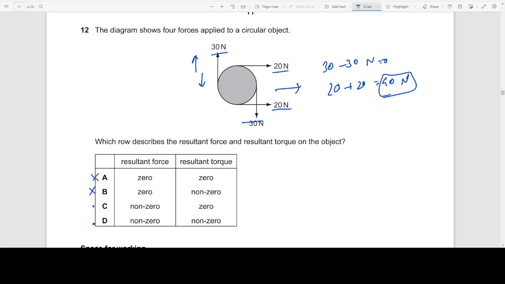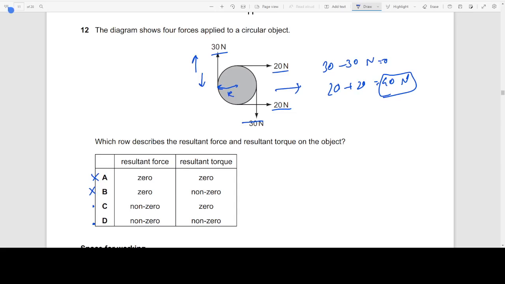Then we have the resultant torque. Let's take the clockwise moments first. Let's say this is R, the radius.